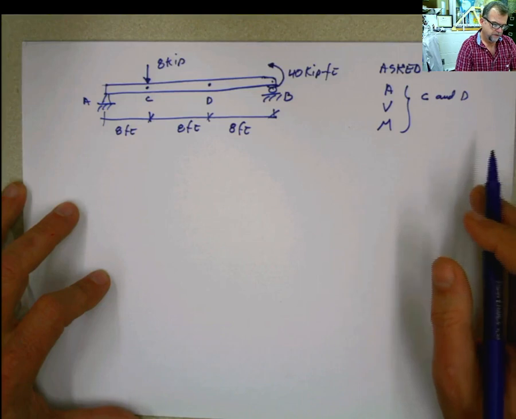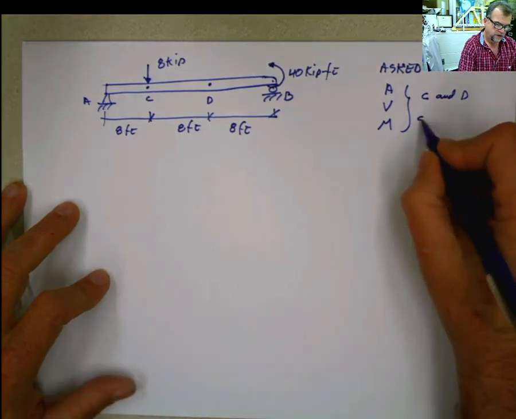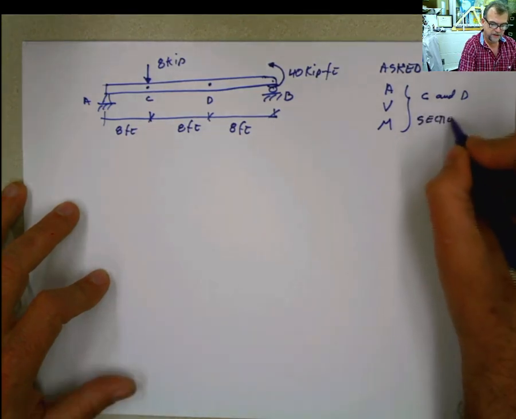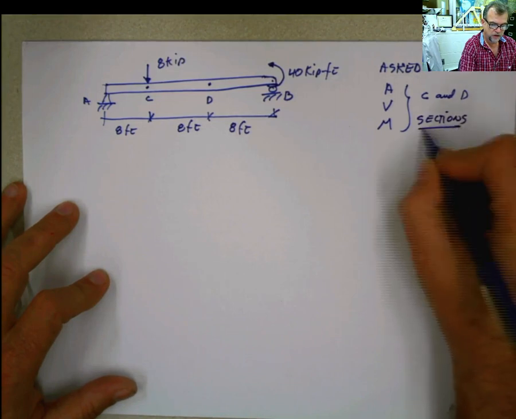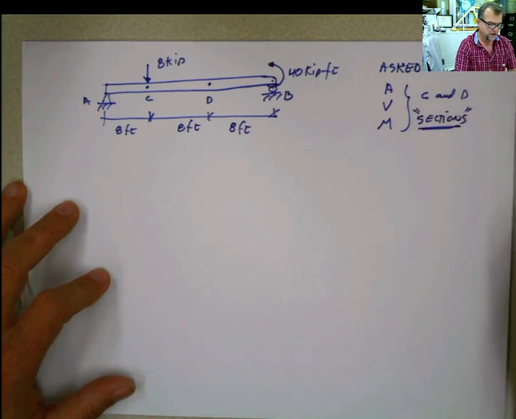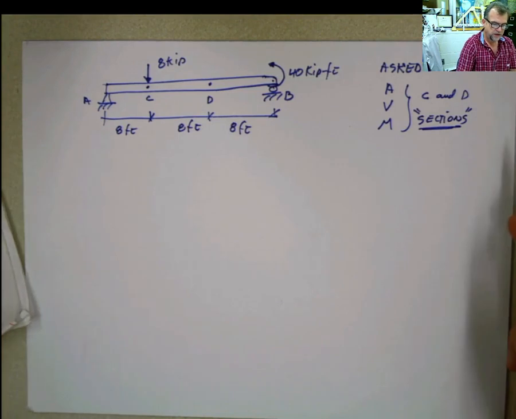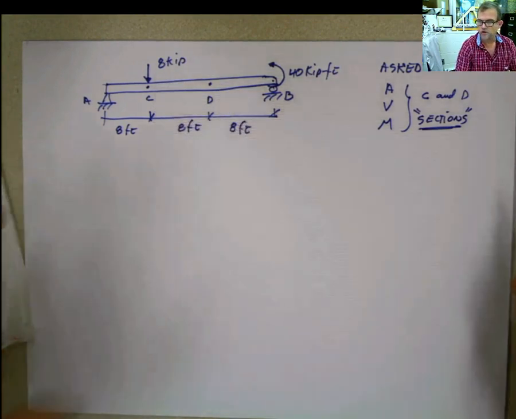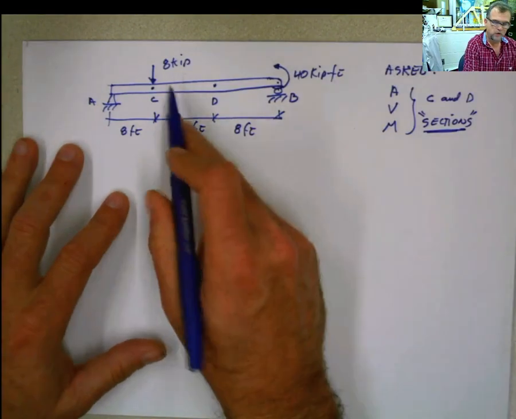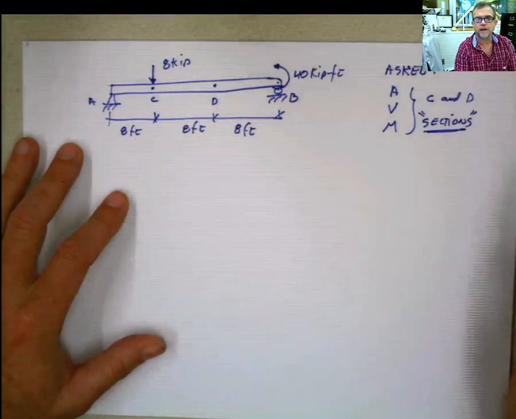Well, the method that we're gonna use is the method of the sections, because this is the method that I'm introducing right now. As you know, the method of the sections tells you just to make cuts at those points. Now, first of all, do you know what a kip is? You should know what a kip is.